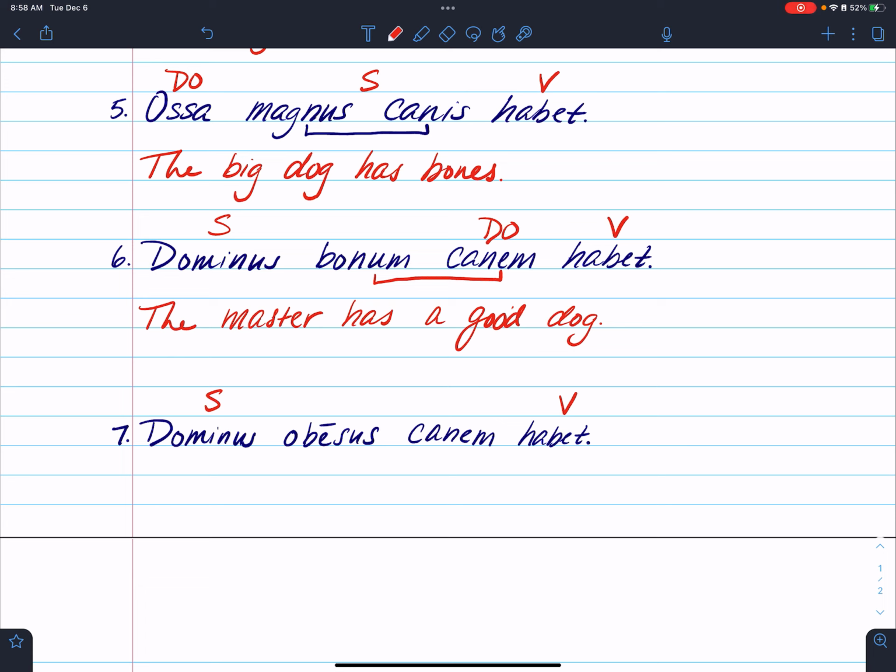Now canem, again, it ends in em, so that's probably going to be my direct object. So the question is, what is obesus going with? Dominus, right? Because obesus is nominative, and it's masculine and singular.